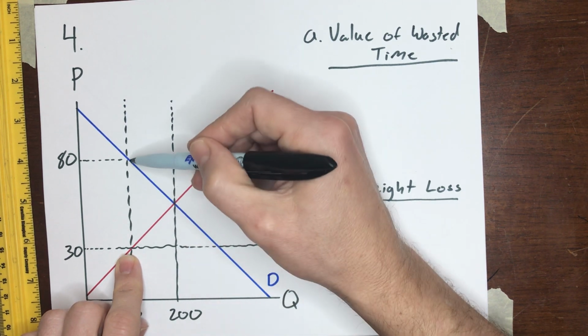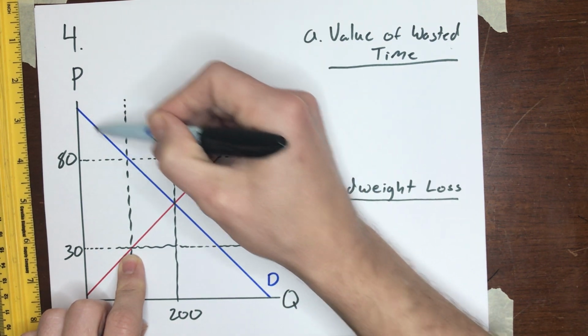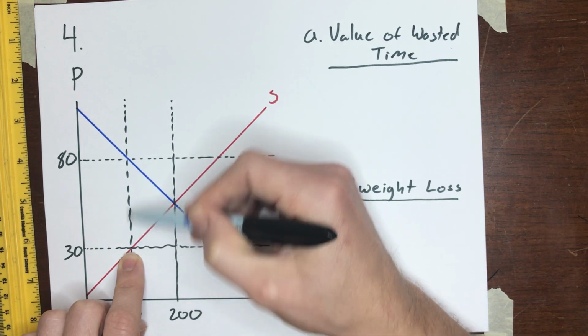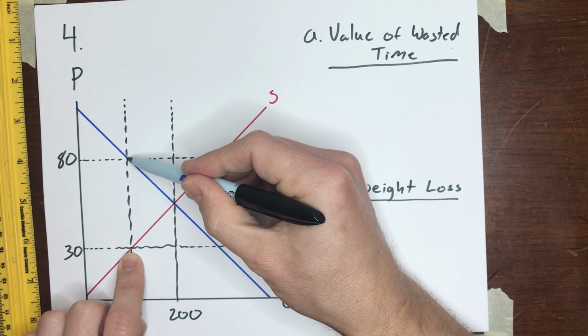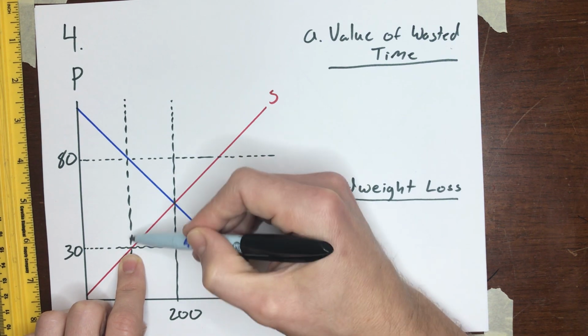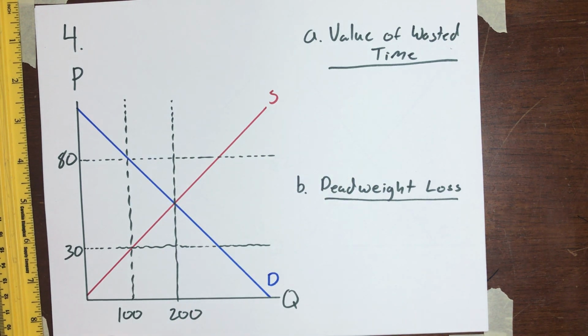And you can see from this graph that the most that these buyers would be willing to spend of their time waiting in line is $50 a unit, the difference between their willingness to pay and the price they would actually have to pay. Okay, so there's $50 a unit in wasted time, and there are 100 units that are being traded.